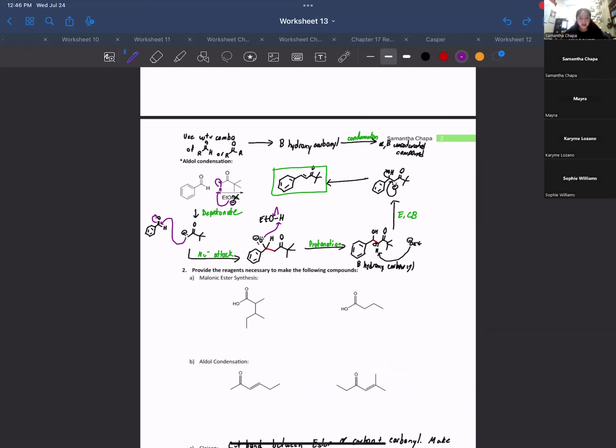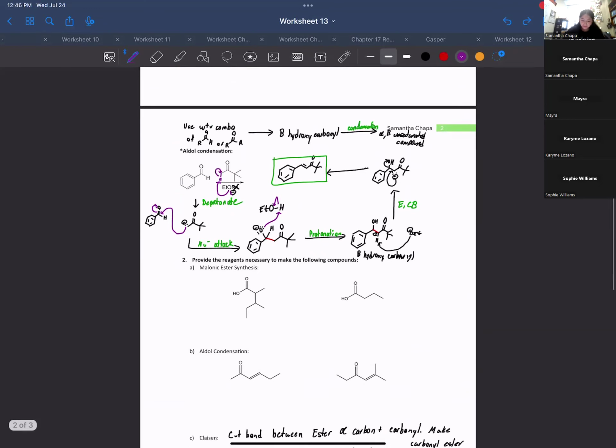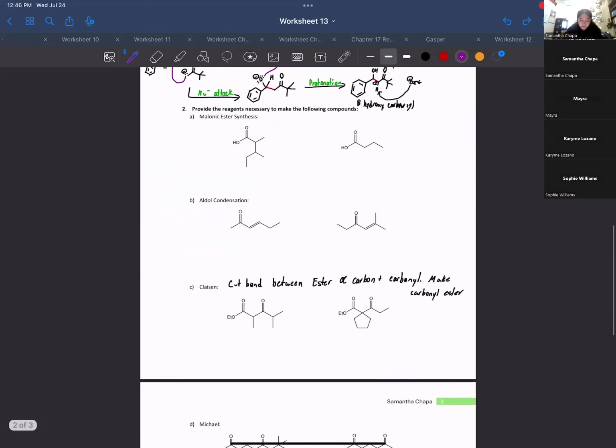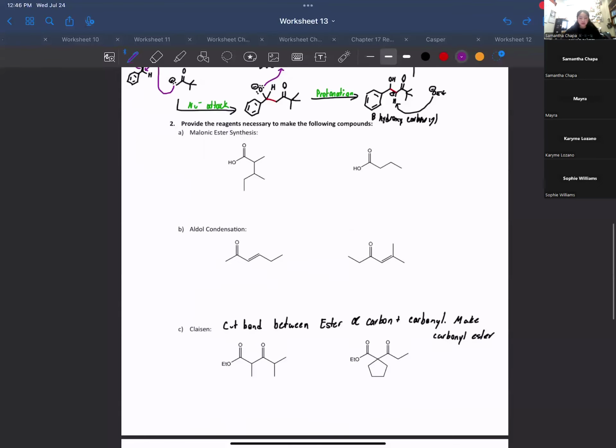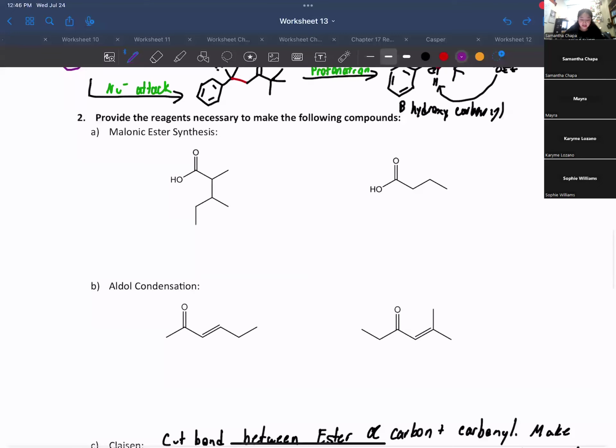So we're gonna skip to the synthesis, or this part, number 2. So number 2 says provide the reagents necessary to make the following compounds. So starting with A, we're talking about malonic ester synthesis. And for malonic ester synthesis, you are always going to start with diethyl malonate, which looks like this.